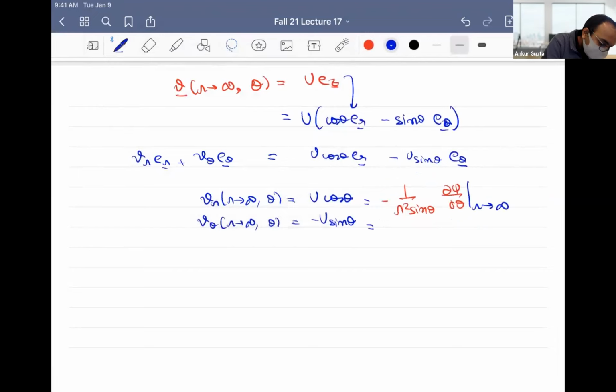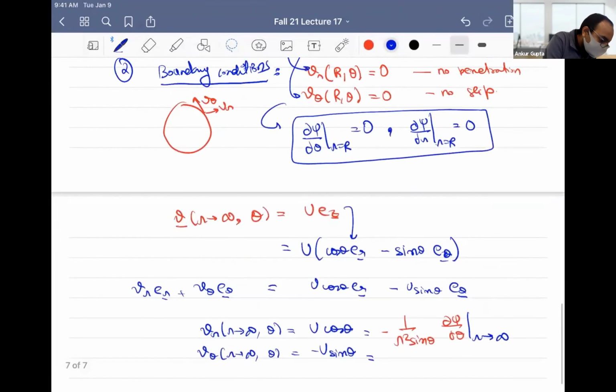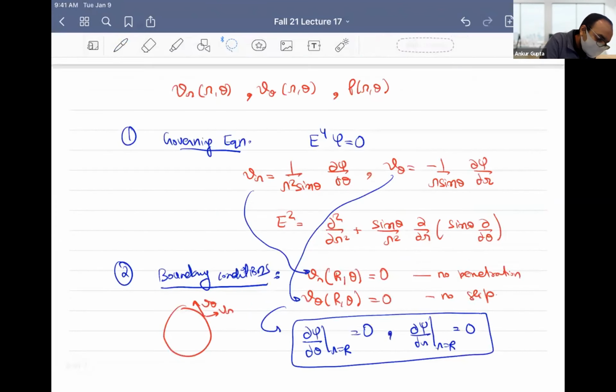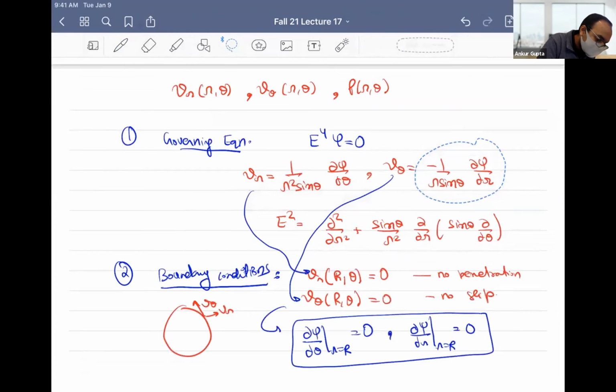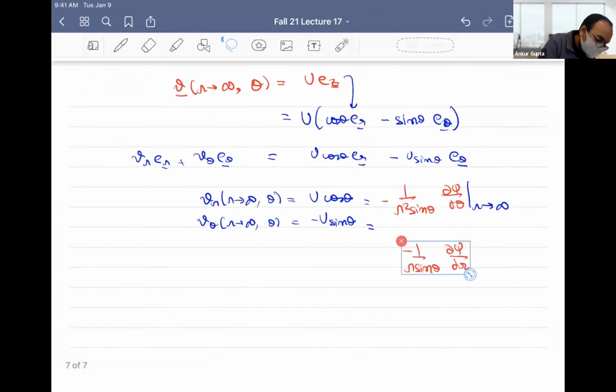And the other one, as r goes to infinity.